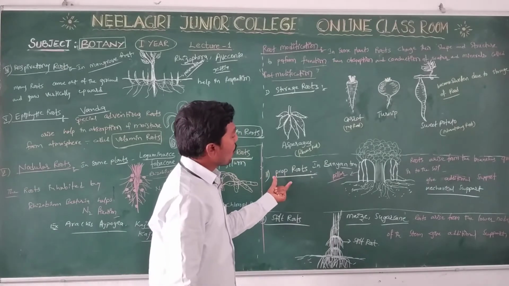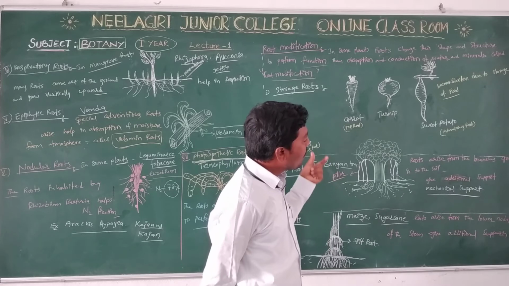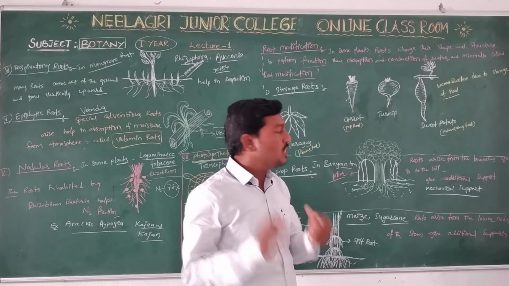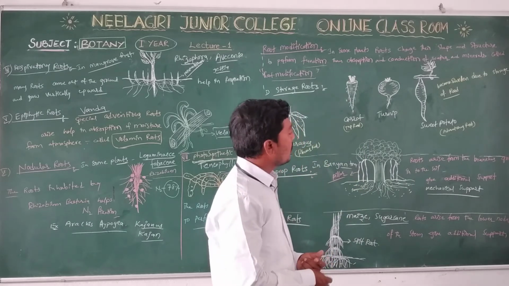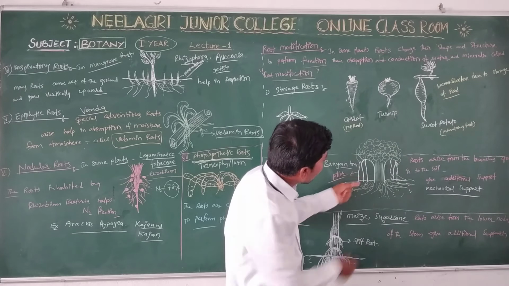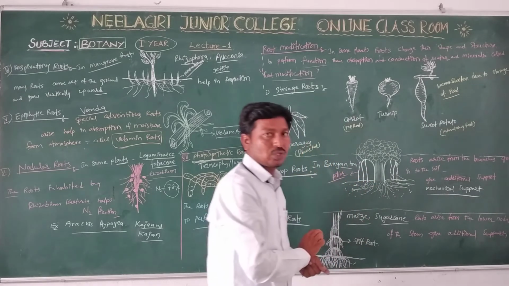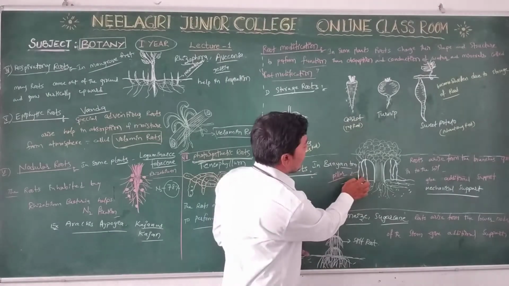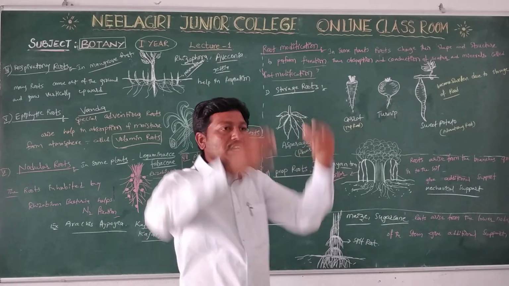Next one, prop roots. In the banyan tree, roots arise from the branches and grow into the soil. These roots give mechanical support. They are called pillar roots, just like the pillars in a new building construction.